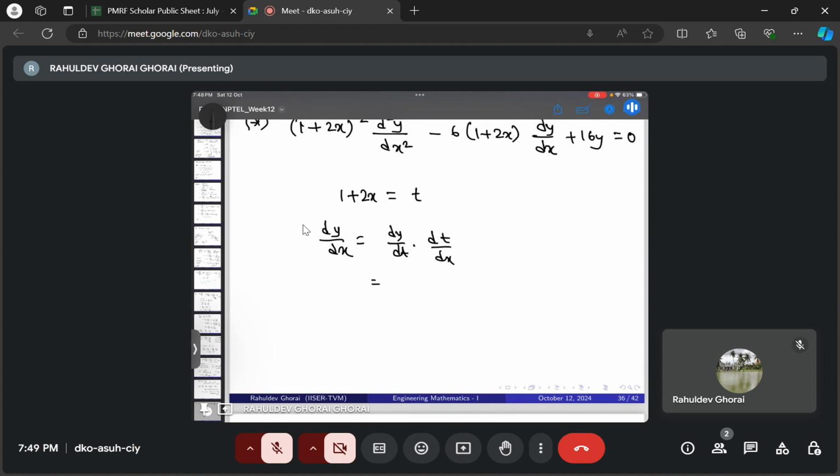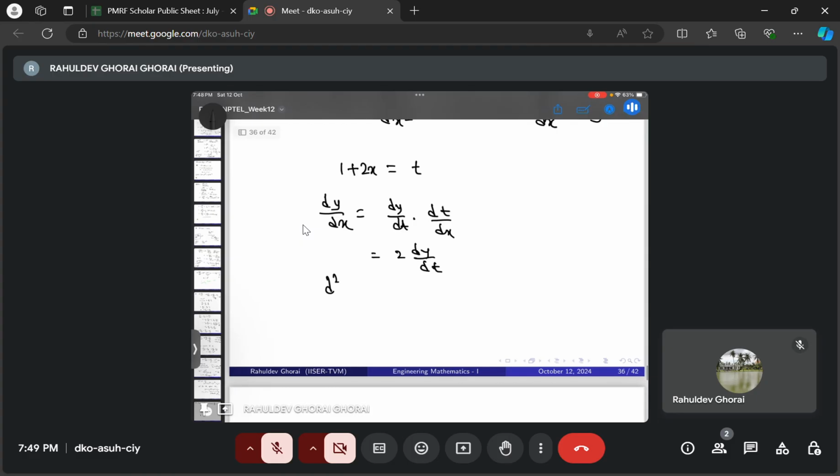That implies, what is dt dx? That is 2, so 2 times dy dt. Similarly, d2y dx2 will be 4 times d2y dt2, right?